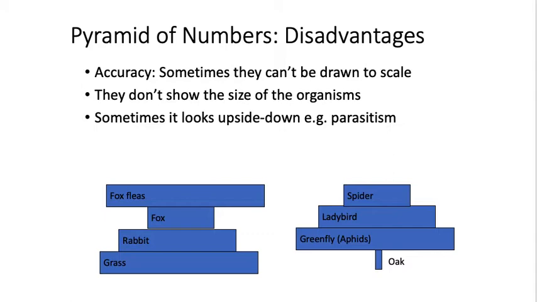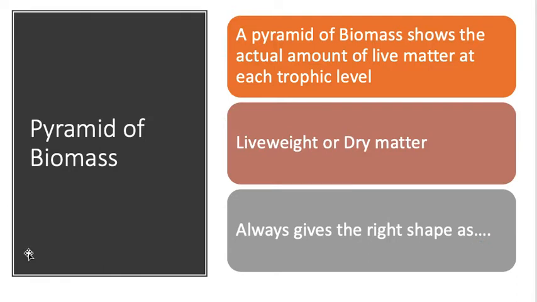There is a solution to that, and that's to use a different type of ecological pyramid, and that type of ecological pyramid is called a pyramid of biomass. As the name suggests, this takes into account the actual mass or the amount of live matter at each trophic level, not just the number of organisms, but the weight essentially of organisms, the amount of matter.